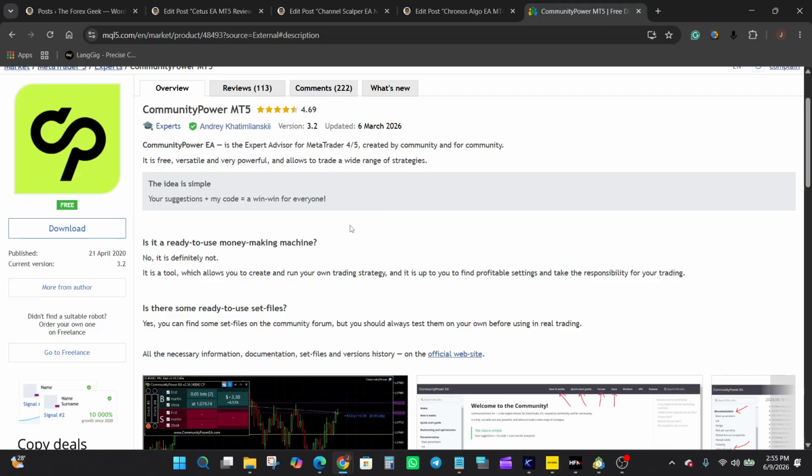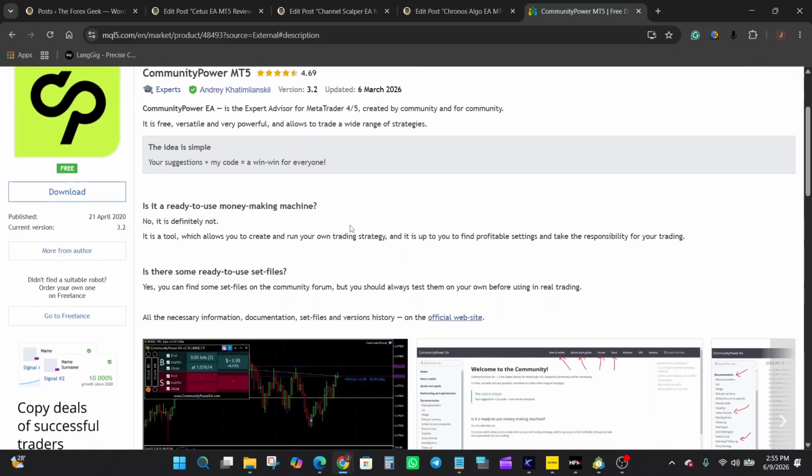Now, moving into the description, the key idea behind CommunityPower EA is actually quite different from most EAs. Instead of being a fully predefined trading system, it is described as a tool for building and running your own trading strategies.